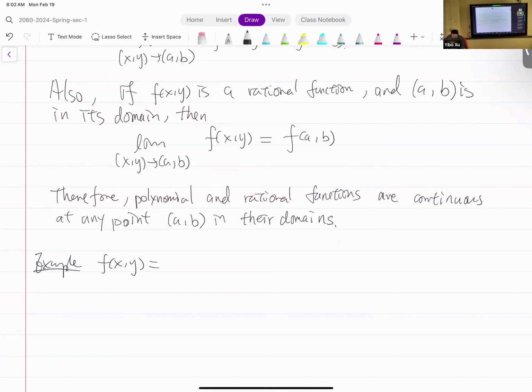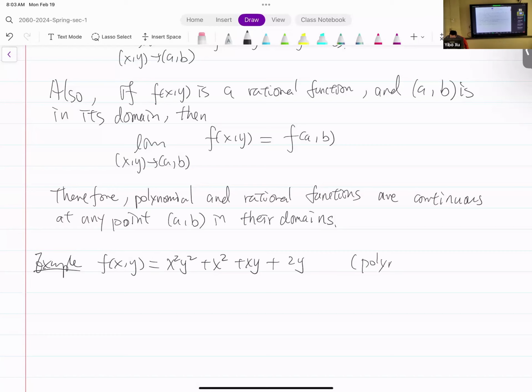A polynomial is a summation of a bunch of monomials, and every monomial is x to an integer power multiplied by y to another integer power, and I should even say a non-negative integer power. So x squared y squared plus x squared plus xy plus 2y. Each monomial has a copy of x raised to a non-negative power multiplying y raised to another non-negative integer power.